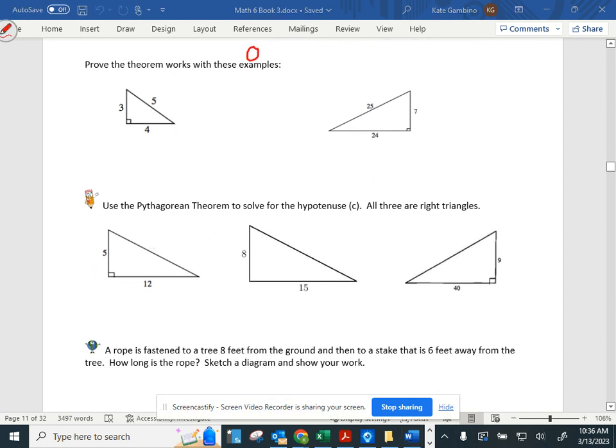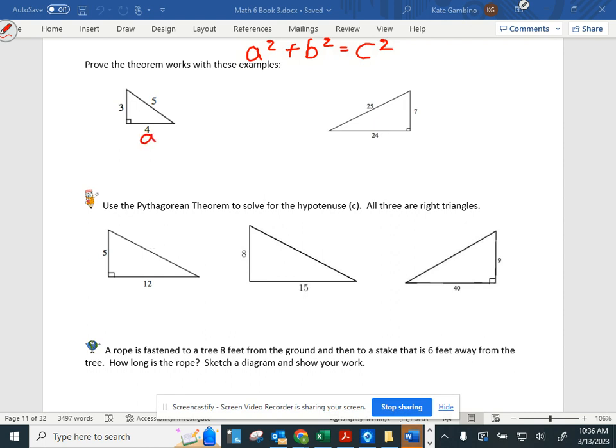So I'm going to put my theorem up here. A squared plus B squared equals C squared. So the first thing I have to figure out is what are my A and B that are going to equal the C. So if I look at my first example, which of these numbered sides should I put as my A, Olivia?